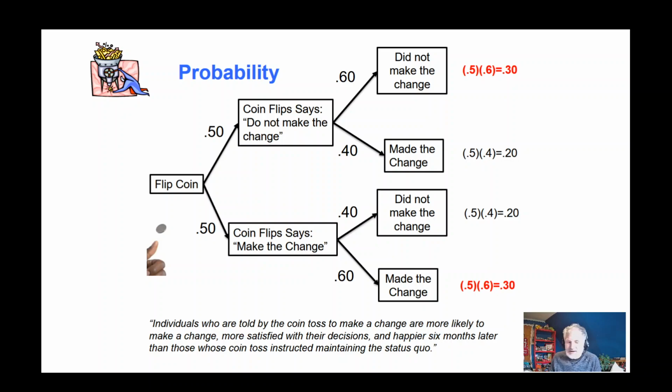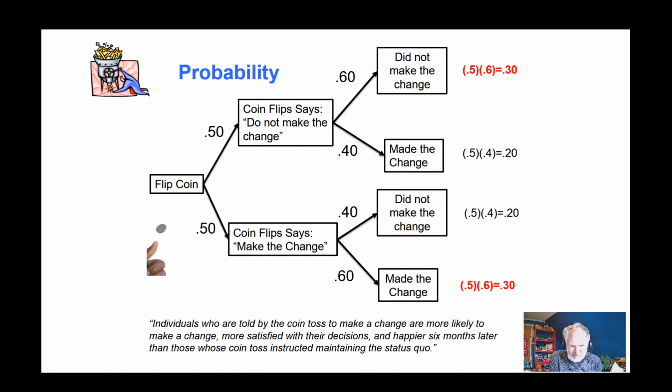Working my way from the bottom up here, if the coin flip said make the change, 60% of the people actually made the change and 40% did not. If the flip of the coin said do not make the change, 60% did not make the change, and 40% did make the change.